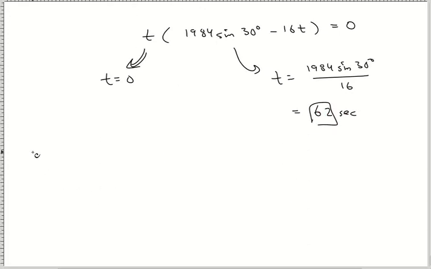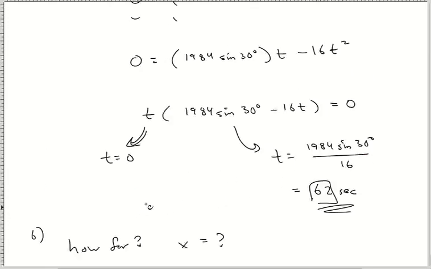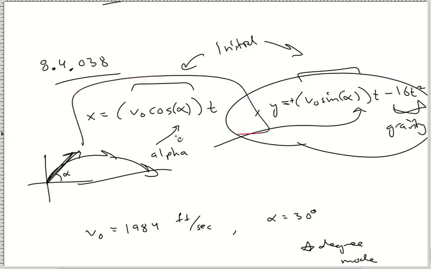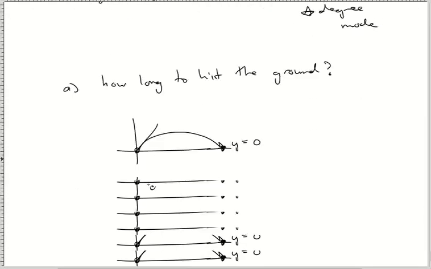Cool. Now what? Part B now says, how far did it go? What they're asking for is x. If you go back up to the x formula, I'm just going to plug that t in and everything else.